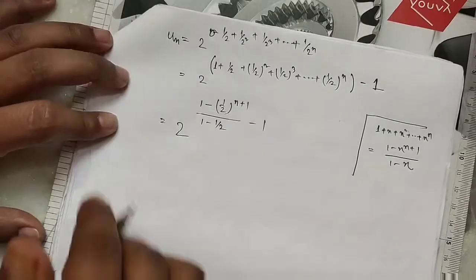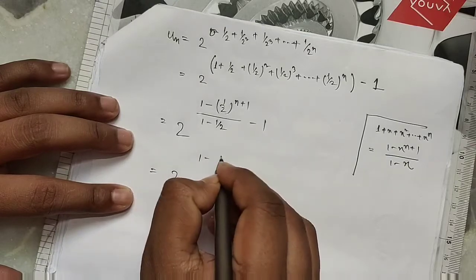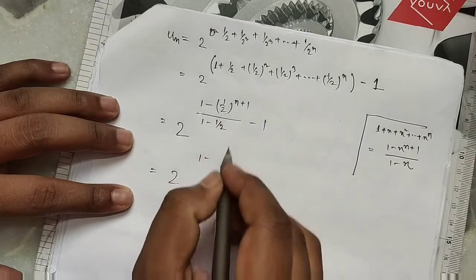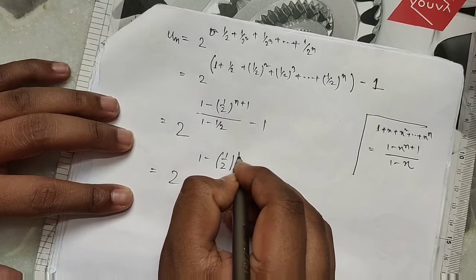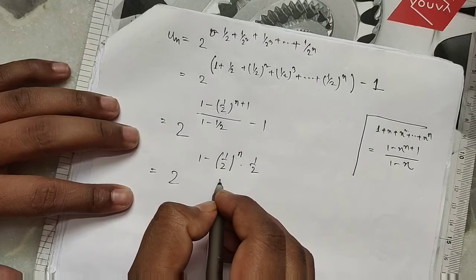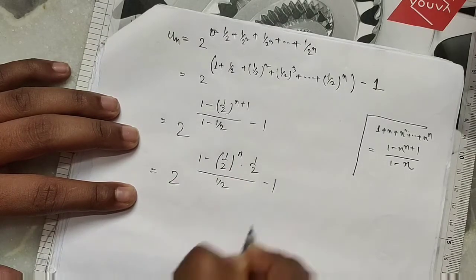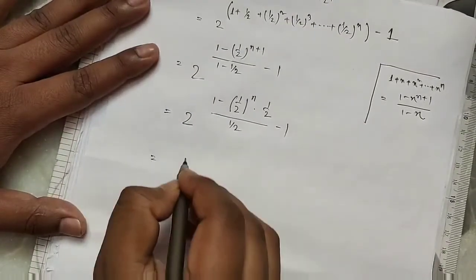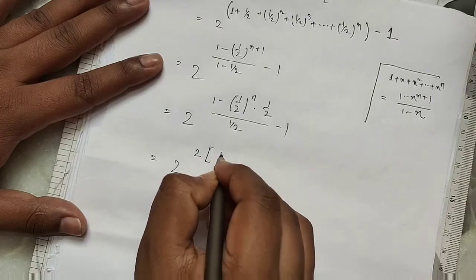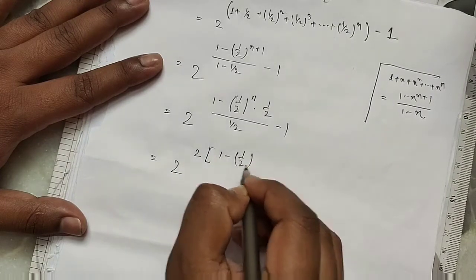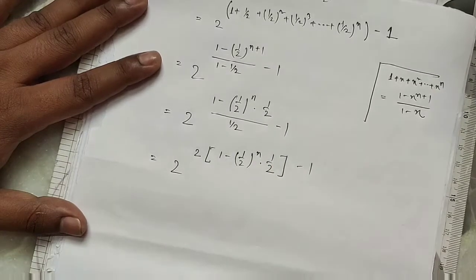Okay, so this equals 2 to the power (1 minus 1 by 2 to the power n, into half) by (1 minus half), which means half, minus 1. Okay, so this equals 2 to the power (2 into (1 minus half to the power n) minus 1).